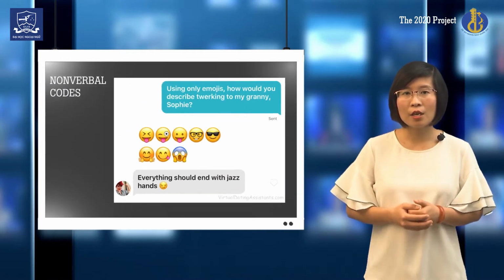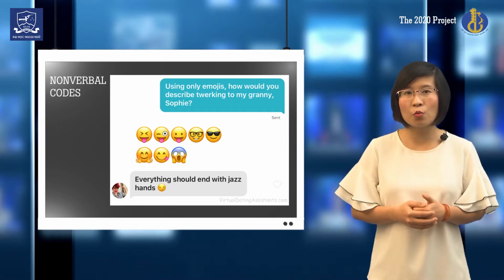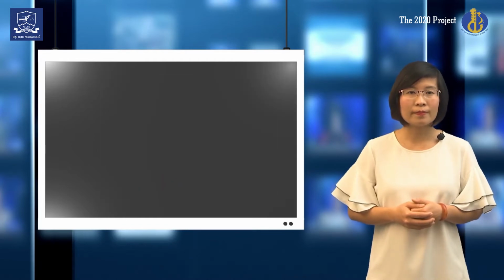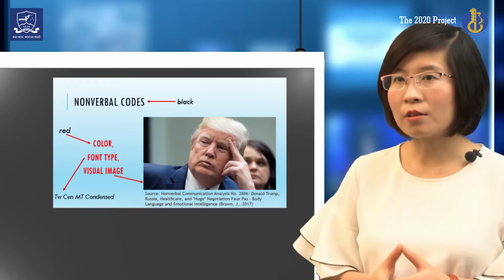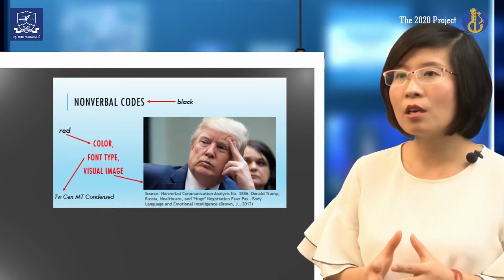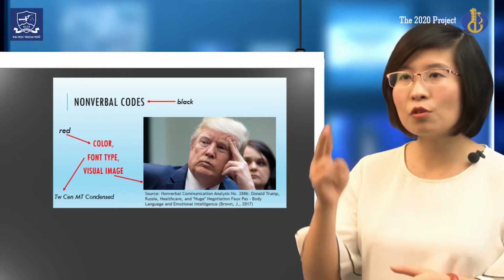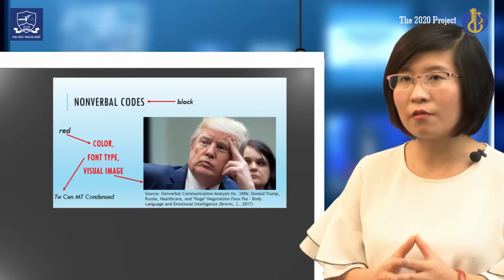If when texting, you use emojis either instead of words or as decorative details to what you write, you are using nonverbal communication. Even when you are looking at the slide, all the colors, the font of text, the visual image of President Donald Trump placing two fingers on his temple while listening are examples of nonverbal codes.